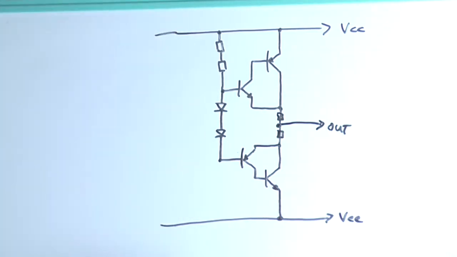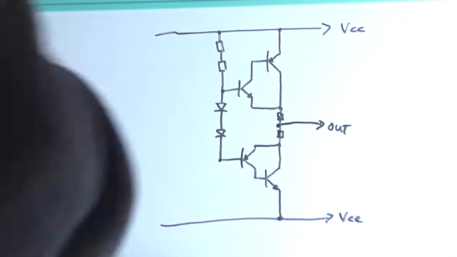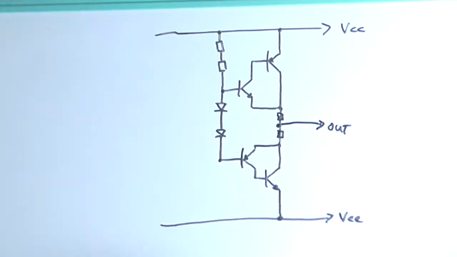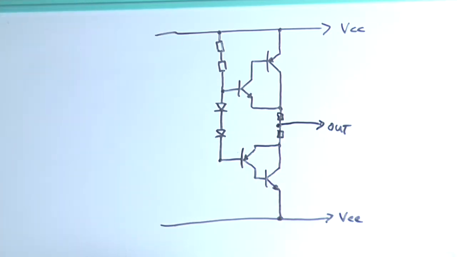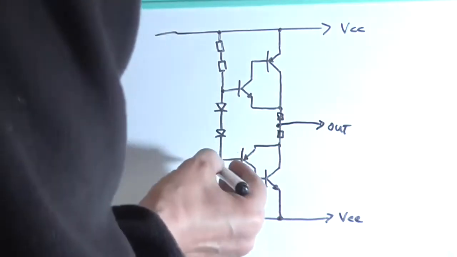But if we look at this topology, what is missing down in this area? Anyone? Well, if you think about it like a normal discrete power amplifier, what would go down here? That's right.